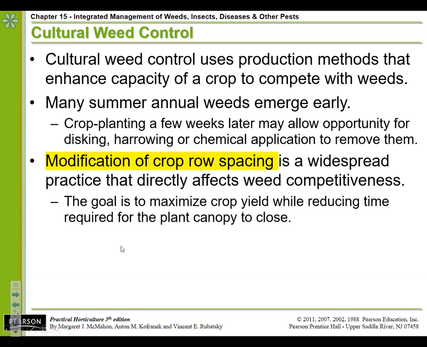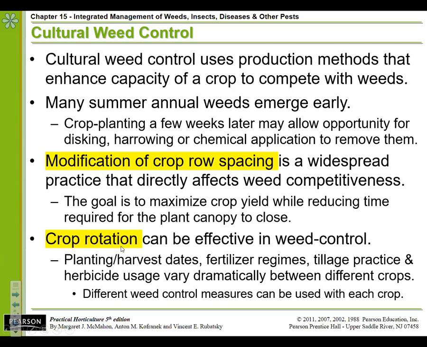We can also modify our crop row spacing as a way to shade out weeds. They need light, they need the same things that all plants need. So if we can grow a crop that has a very dense canopy, that prevents the ability for weeds to compete very well. Crop rotation, also important.